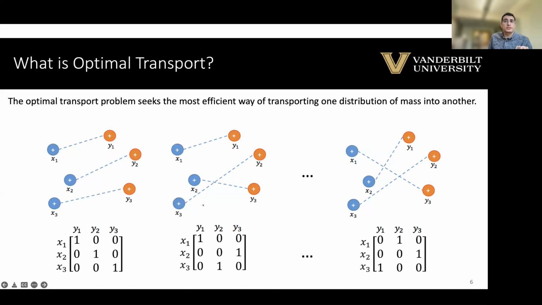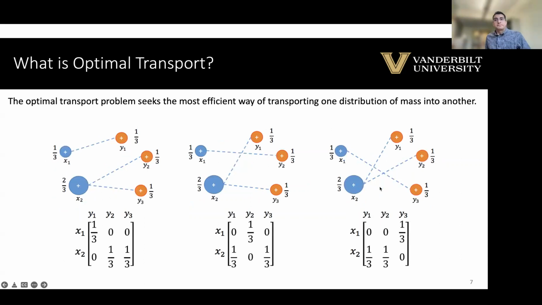We could have matched x1 to y1 and x2 to y3 and x3 to y2, and so on, right? Or we could have had a situation where we don't have an equal number of particles. So we have 2 particles on one of our distributions and 3 particles on the other. And here we have a situation where the total amount of mass is equal.